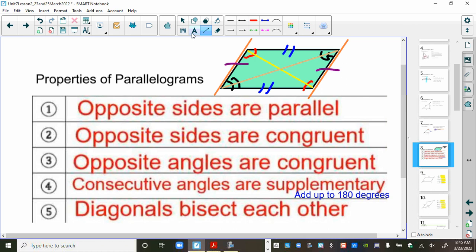Then this point right here acts like a midpoint when they meet right here. So basically, this midpoint bisects this diagonal into two smaller congruent pieces. This diagonal is also bisected into two smaller congruent pieces. So that's what we have going on here.